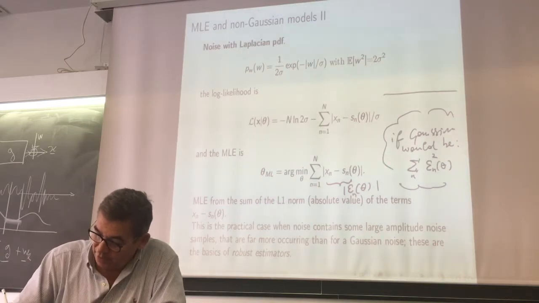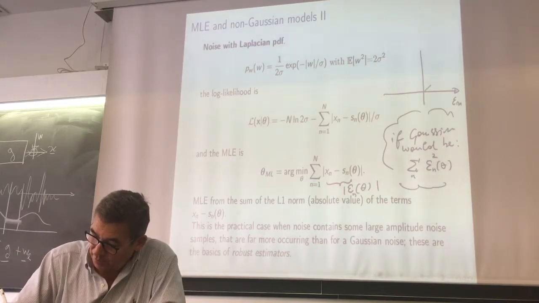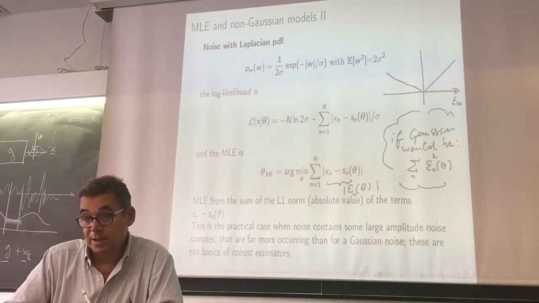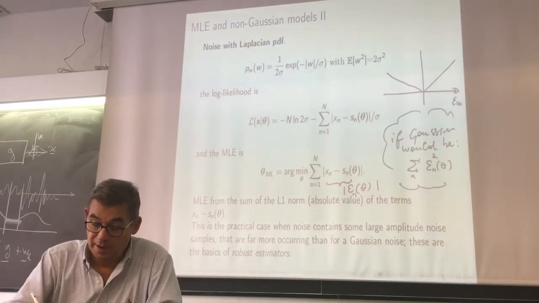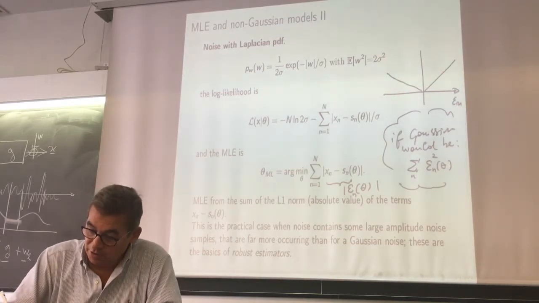This one is the error epsilon_n. So in the Laplace, I am measuring the absolute value of the distance. As a Gaussian, that would be this way.